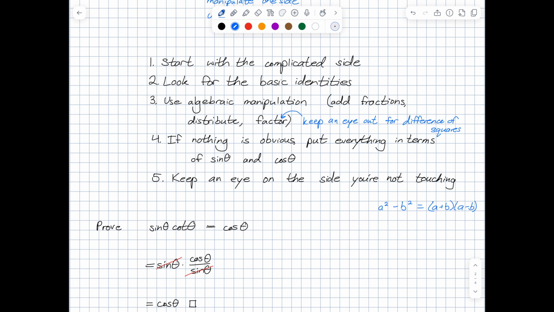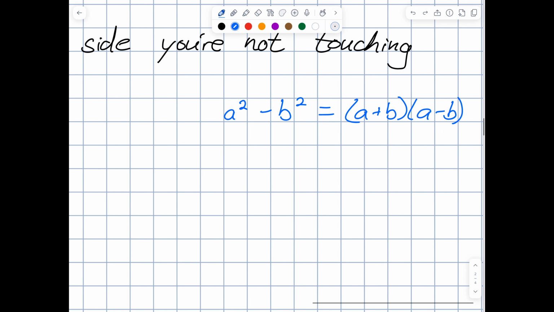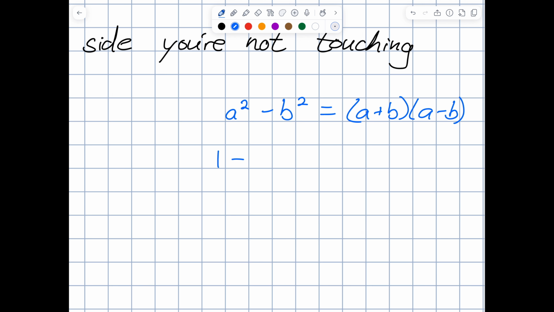So anytime you've got two things that are both perfect squares, that means they're both something squared, it will always factor as a plus b and a minus b. You've got a plus version and a minus version. So for example, if you have 1 minus sine squared, that's 1 squared minus sine squared, so it'll be 1 minus sine times 1 plus sine. The plus or minus order doesn't matter.